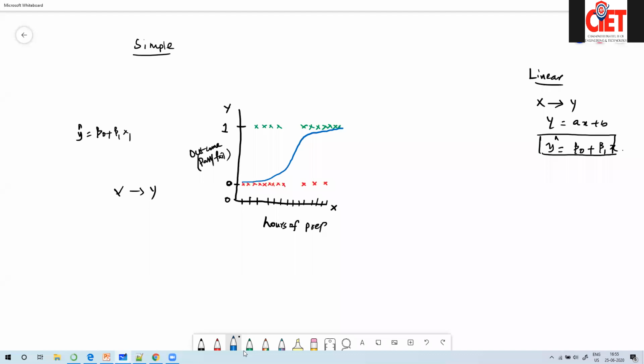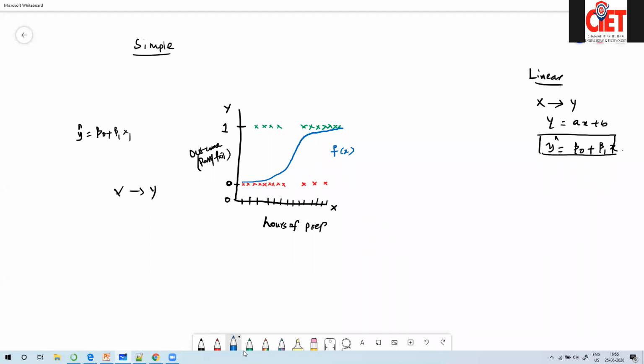So we need to have a function which is probably defining this particular shape. It should always give an output between 0 and 1. For smaller values of X, the output should be very close to 0. For larger values of X, the output should be close to 1.